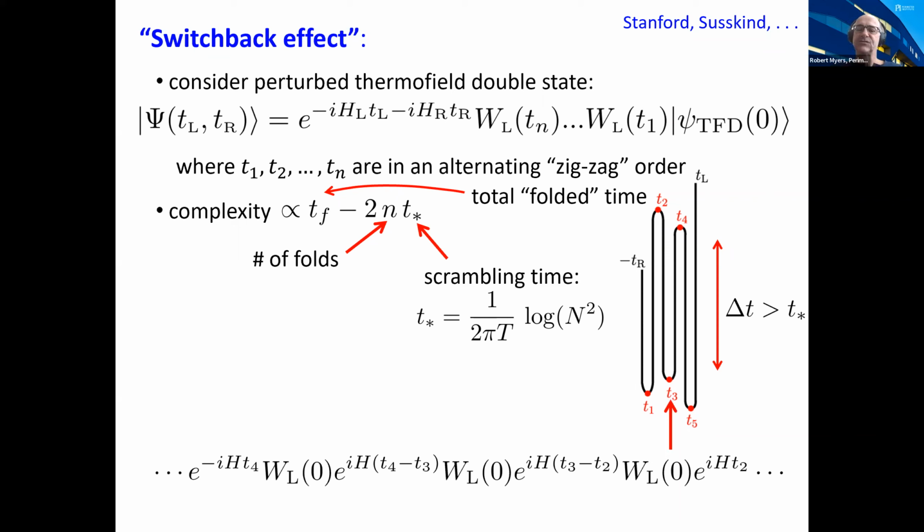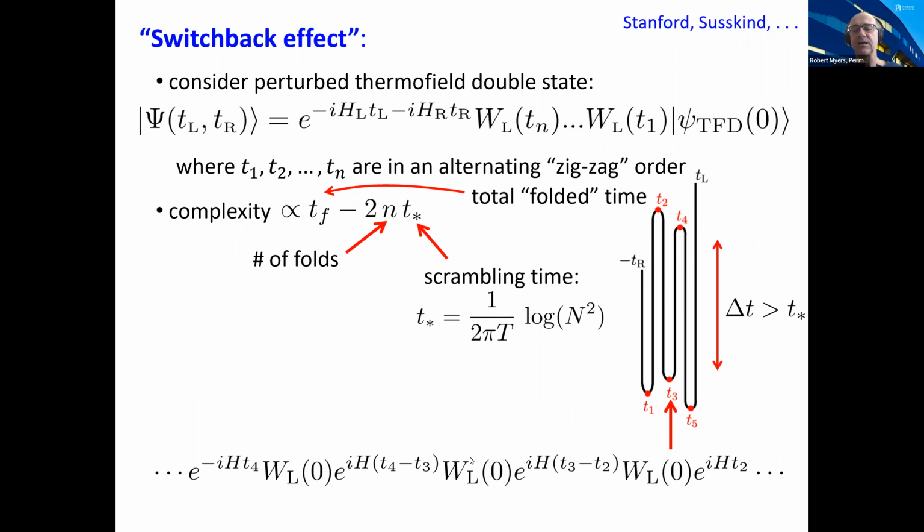Well, let's focus on this fold here, the t3. There's an operator I put in, and I'm using the Heisenberg notation, where there are all of these time evolutions associated with the operators, and I think of them all as operators that may sit at t equals 0.